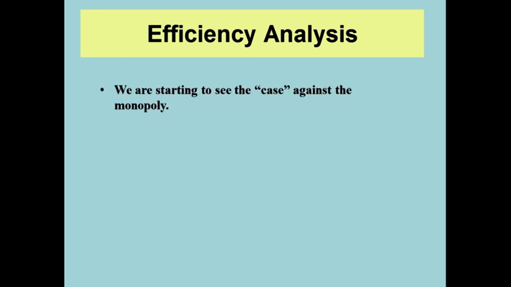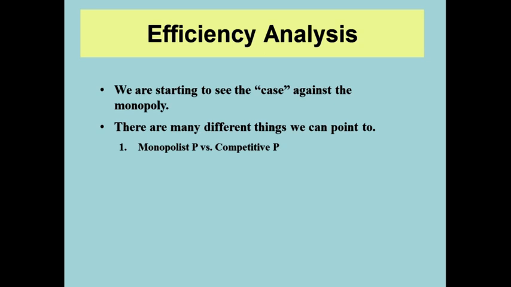Now we're starting to get a sense of the case against monopoly, right? And there's a lot of things that we can point to in this case against monopoly. So let's quickly review the things that we can point to in our case against monopoly. First, we can look at price, the monopolist's price versus the competitive price. What did we learn? Who has the higher price?